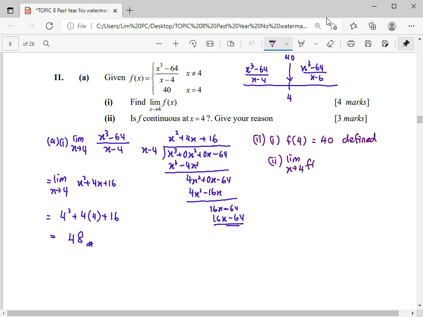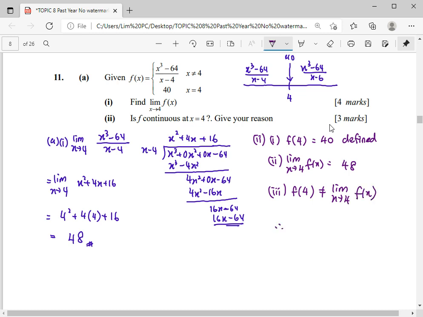The limit as x approaches 4 exists, we get 48. Condition number 3: is the point and the limit at x equals 4 the same? Definitely it's not the same. So condition 3 is not fulfilled. f(4) does not equal the result of the limit in condition 2.